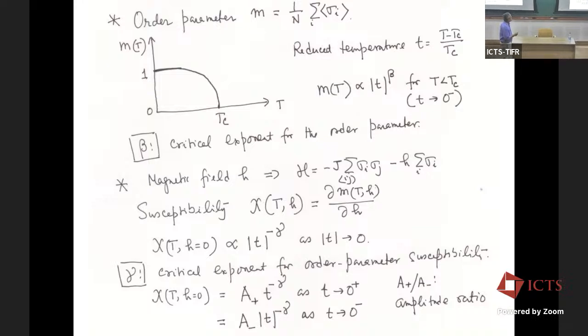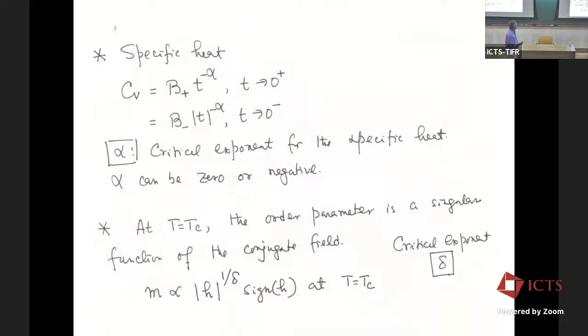called gamma, the critical exponent for the order parameter susceptibility. So there is a beta which tells us how the order develops, and an exponent gamma which tells us how the susceptibility corresponding to that order parameter diverges at the critical point. Similarly, one can define other critical exponents, like for the specific heat. In the Onsager exact solution, the specific heat itself diverges at the critical point, and there is a critical exponent alpha associated with that.